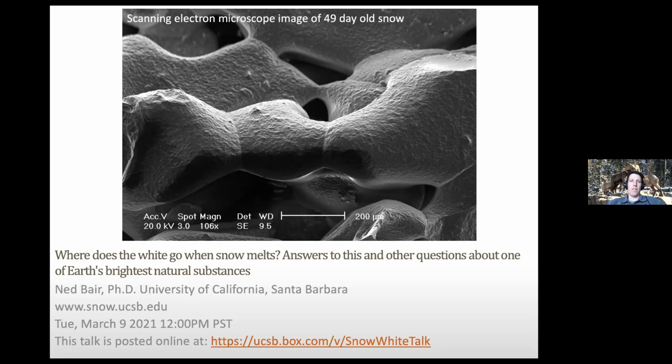So, for instance, this is a scanning electron microscopy image of snow that's 49 days old. So pretty old and aged snow. An electron microscope works by firing an electron beam at a substance and then looking at the return signal.